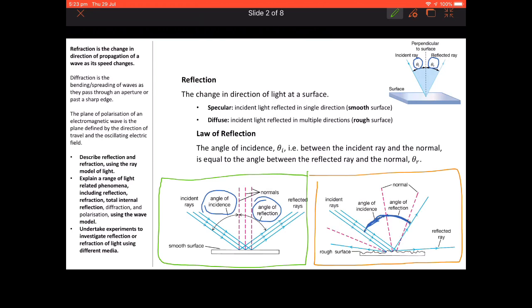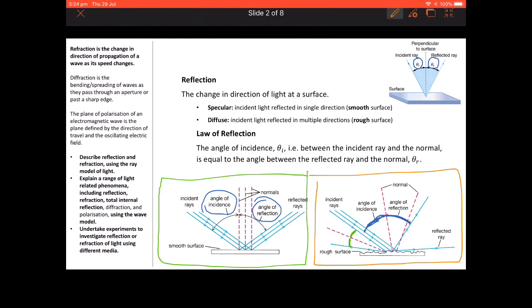For the lowest light ray, the angle of incidence is here, and the angle of reflection is here. So the normal is still at 90 degrees to the surface, but because the angle of the surface is different, then the normal is at that particular angle.